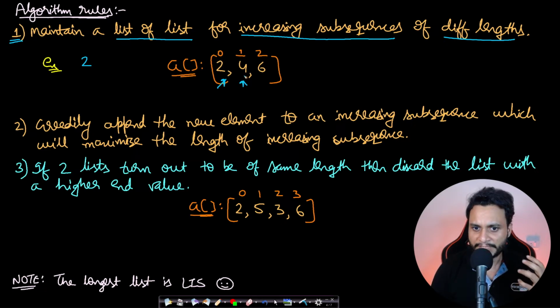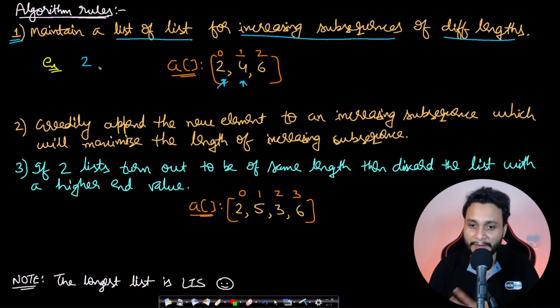Will it be a feasible option to make another list starting with 4? Or can you just append it after 2 to get the largest length? Appending 4 after 2 will increase the length of the increasing subsequence, right? So if you append this 4 after 2, then we have to create a new list because the length is different. So I'll be creating 2, 4 here.